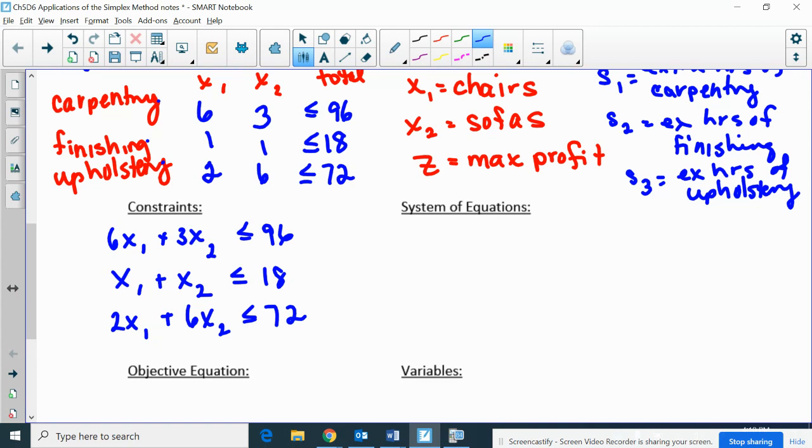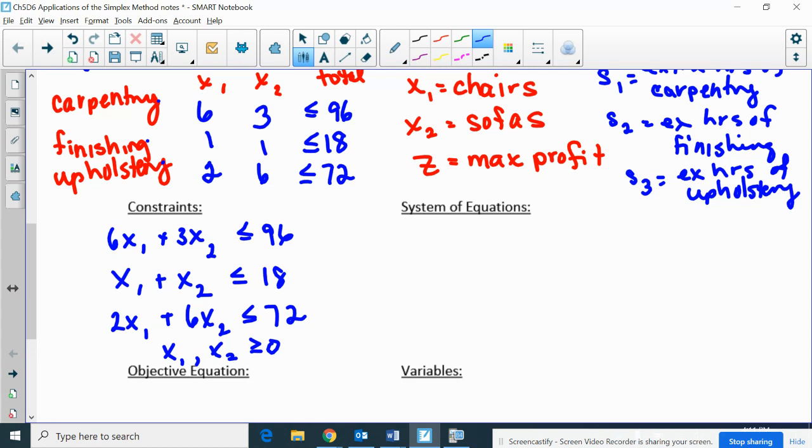And so now I'm going to take those constraints and change them into equations by adding in the slack variables. Oh, and I'm forgetting my non-negativities. X sub 1, x sub 2 need to be greater than or equal to 0. I can't have negative chairs and sofas.